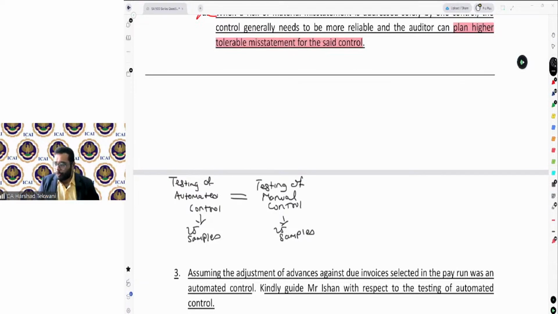Okay, Namrata. Okay, Purvi Ben. Good, Janvi. Very good. Very important. Testing of automated controls. How many samples am I required to take to test the automated controls?